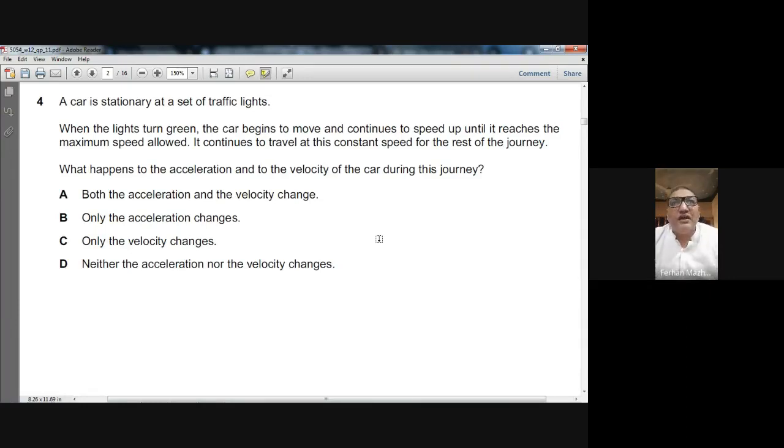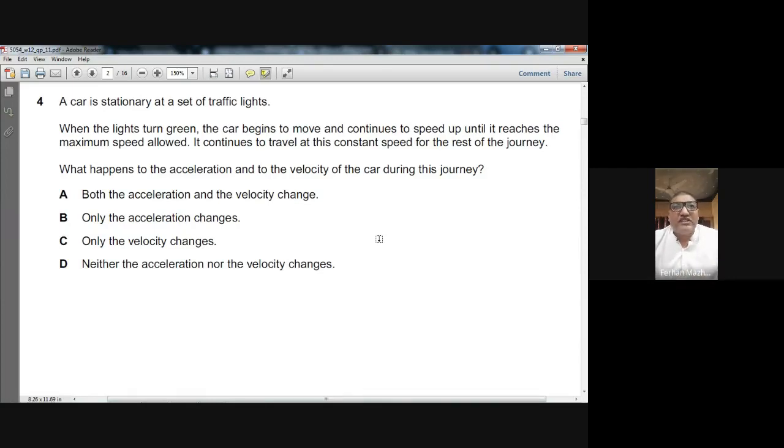You see, it was stationary, then it moved, sped up, and then continued with a constant speed. So its acceleration was changing. The speed was definitely changing, and the acceleration was also changing. At first, it was at rest, then it accelerated, and then when it moves with a constant speed, the acceleration becomes 0.